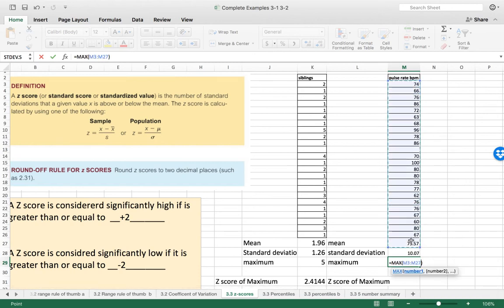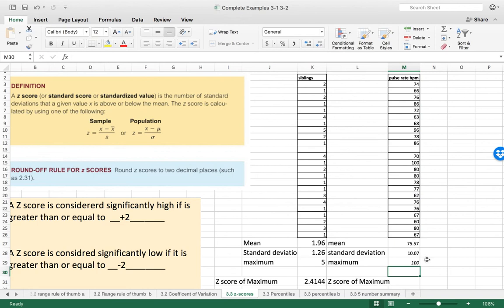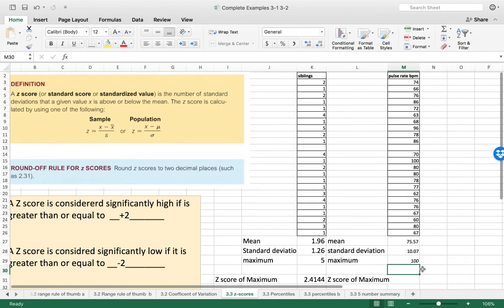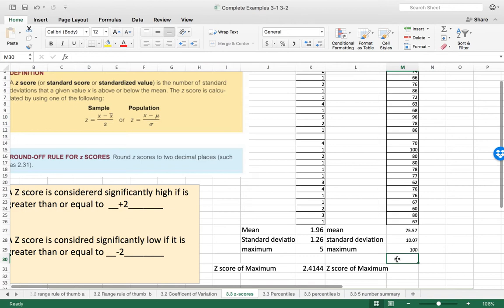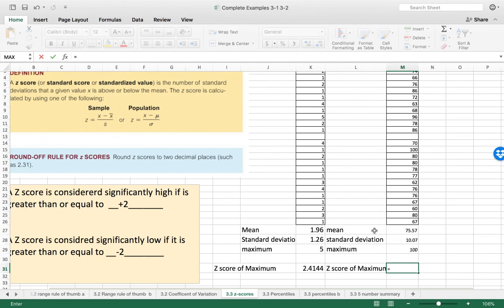So notice there's nothing about these data sets that are similar, but let's find the z-score for the maximum pulse rate. And remember, z-scores do not have a unit of measure. Siblings in people is the unit of measure. Pulse rate is in beats per minute, but z-scores do not have a unit of measure.